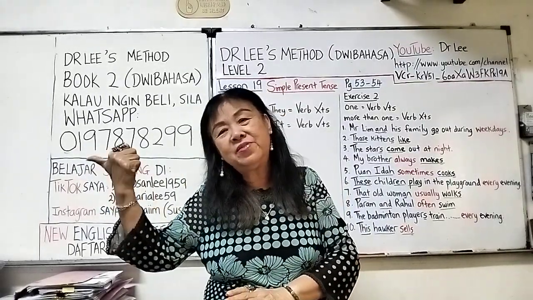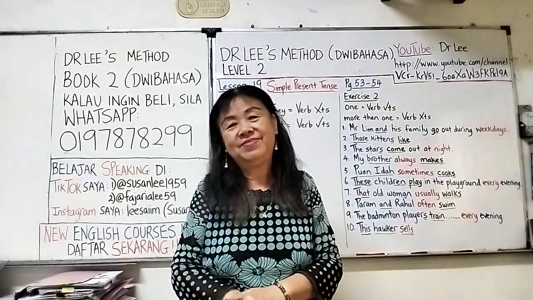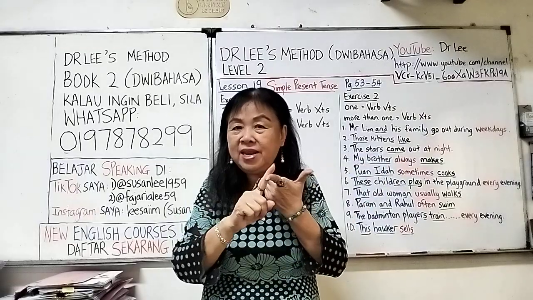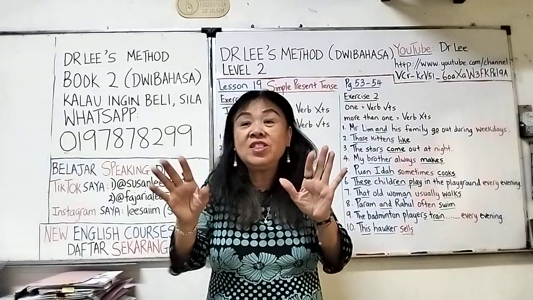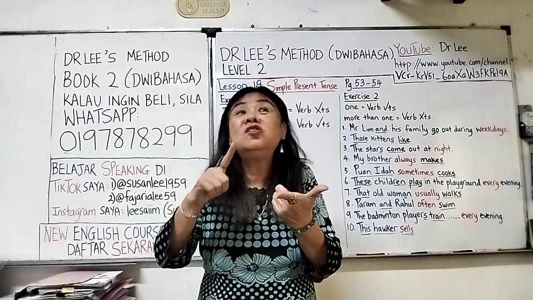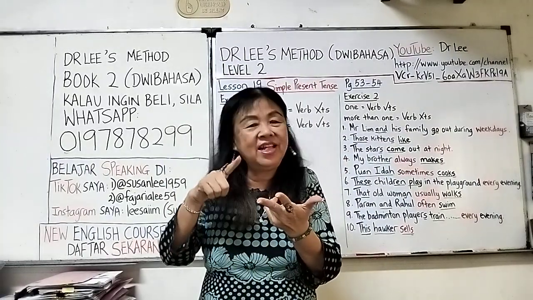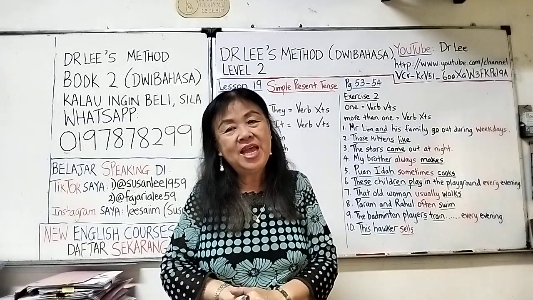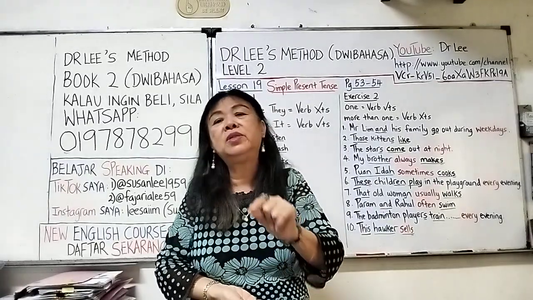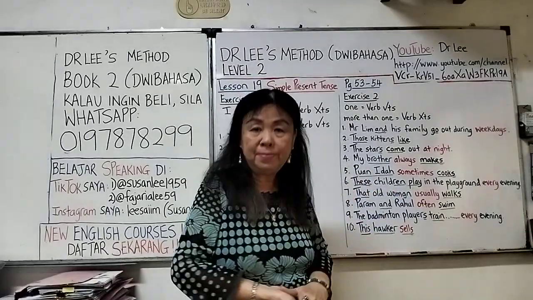We put S to the verb because of the noun. And the noun is people, animals, places, and things. Sometimes it's not a person, it's not an animal, it's not a thing, it's not a place. So it does not affect our answer. Our answer, we still must put S because we are talking about one person.